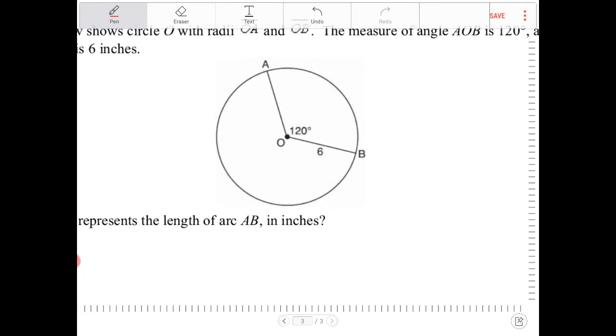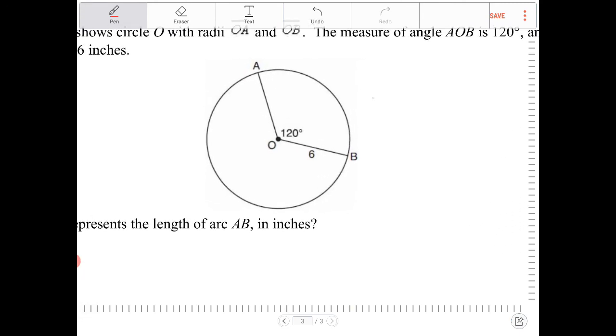So arc AB will be 120 over 360 times 2 pi times 6. So this is equivalent to 1/3 times 2 pi times 6, which is equivalent to 4 pi, in other words.